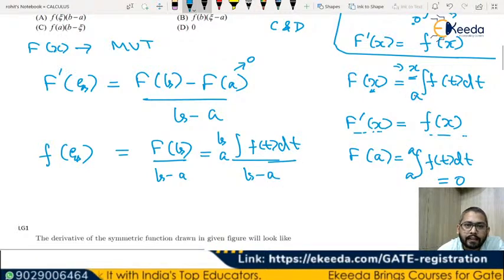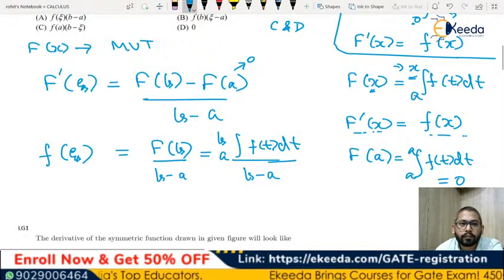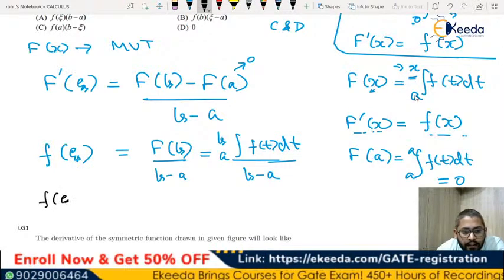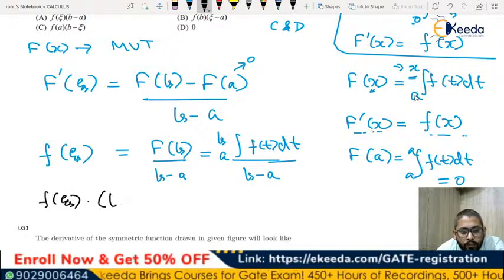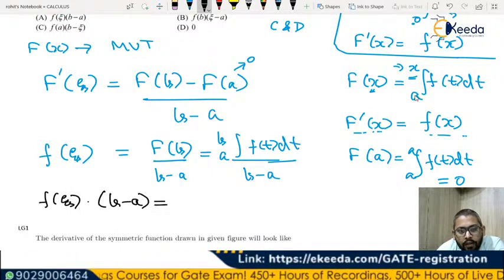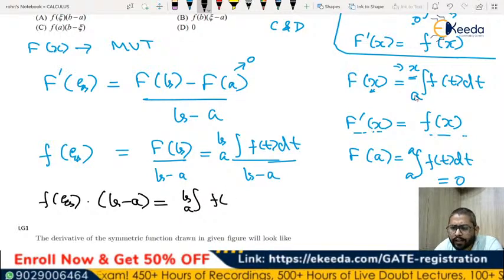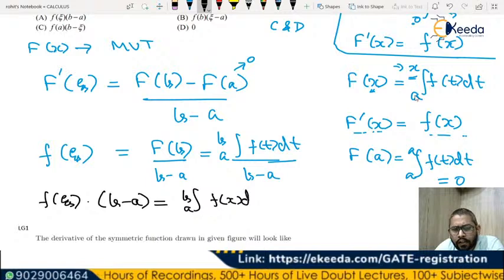So in that case, what you will get is f of zeta into (b minus a) is equal to the integration from a to b of f of t, and instead of t we can put x also, dx.